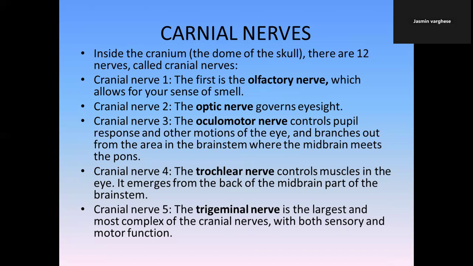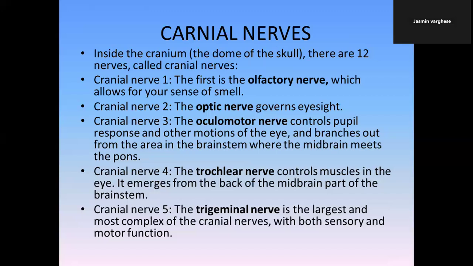Cranial nerve 1 is the olfactory nerve, which allows your sense of smell. Cranial nerve 2, the optic nerve, governs eyesight. Cranial nerve 3, the oculomotor nerve, controls pupils.